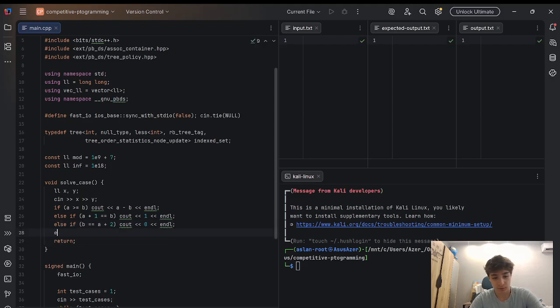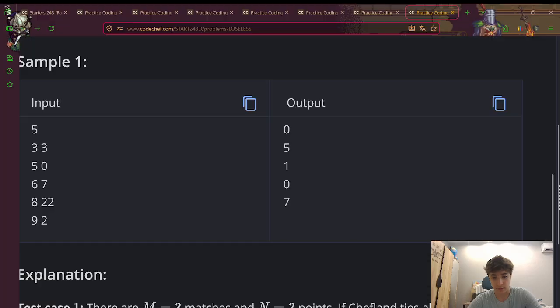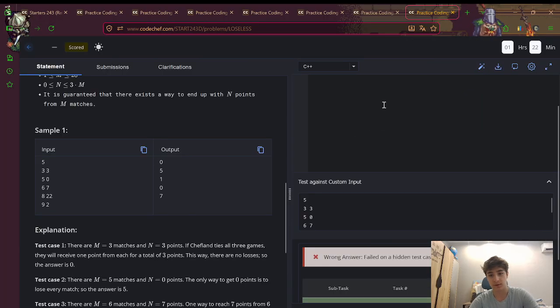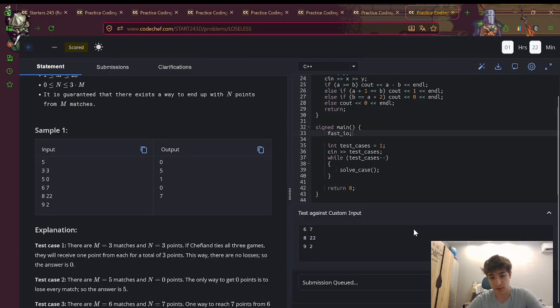Then nothing, for example. Okay, also 0. I don't think that's going to work, totally never.